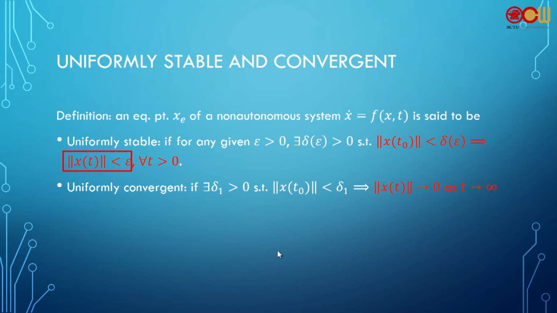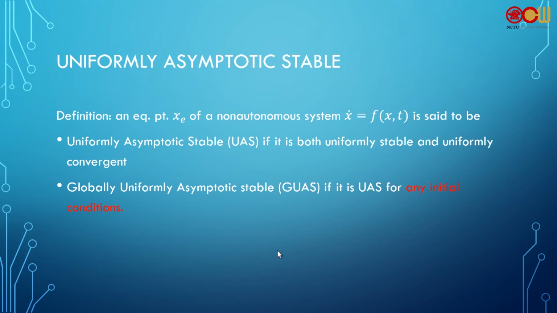It's very similar to the definition of stable, but here epsilon and delta epsilon don't depend on time, so we call it uniformly. Uniformly convergent has the only difference that it goes to 0 as t goes to infinity.